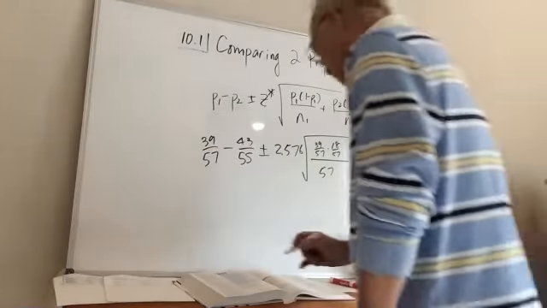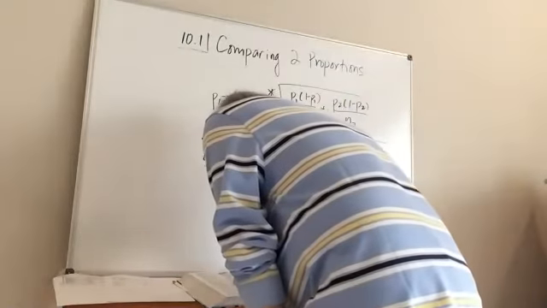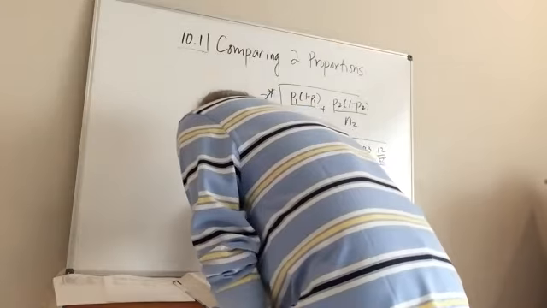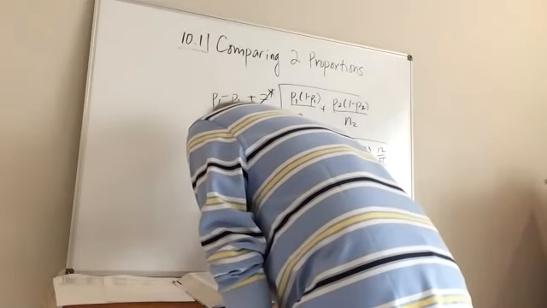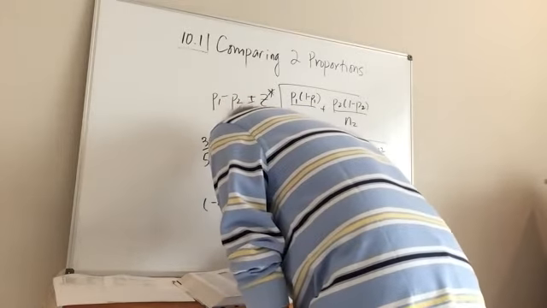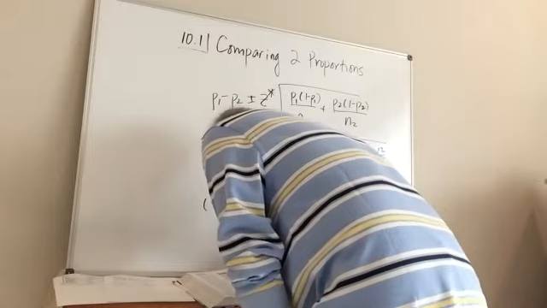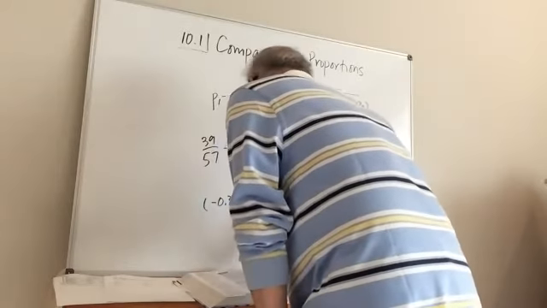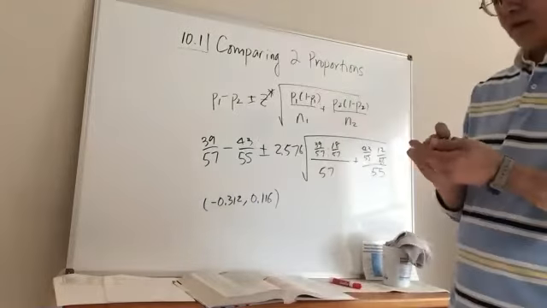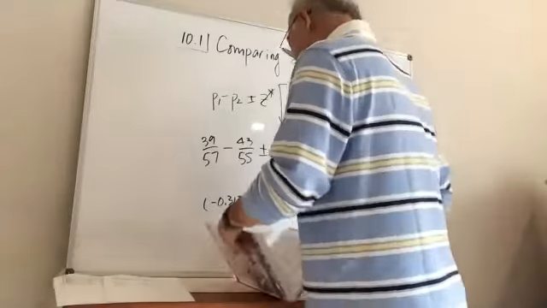If you do all this, you're going to find it is negative 0.312 to 0.116. So that's the confidence interval.